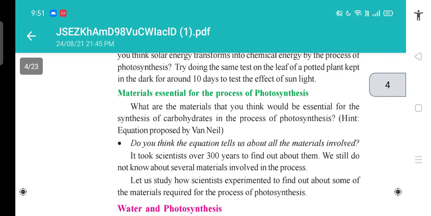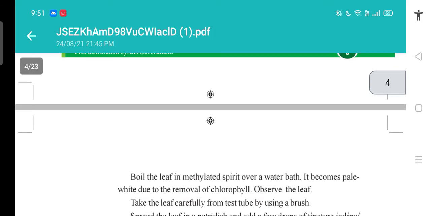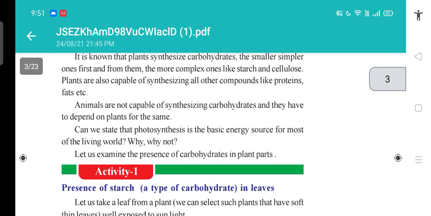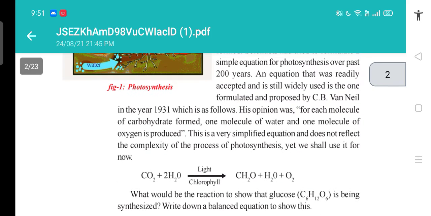Materials essential for the process of photosynthesis. What materials do you think would be essential for the synthesis of carbohydrates in the process of photosynthesis? Hint: the equation proposed by Van Niel. He proposed one equation, which we discussed in our class.